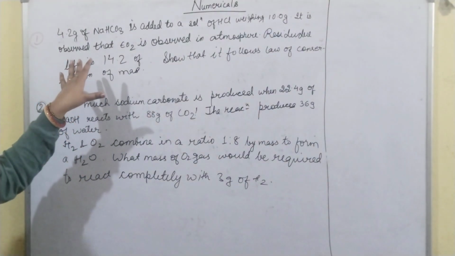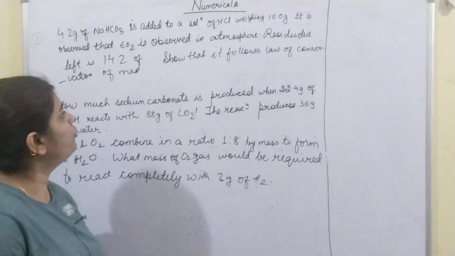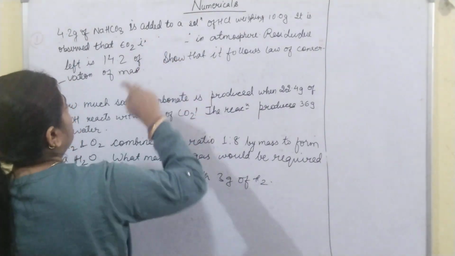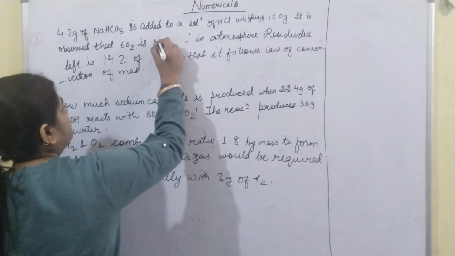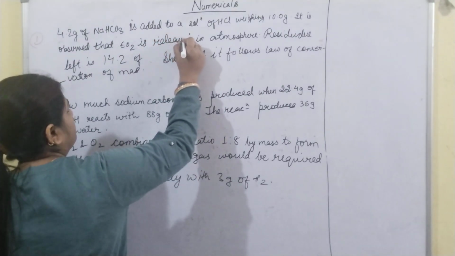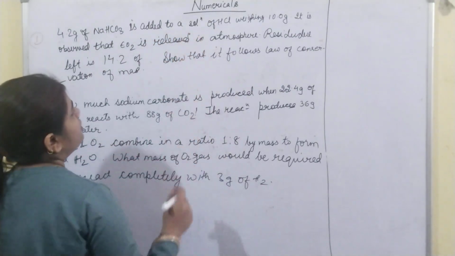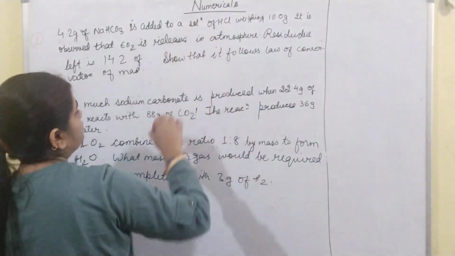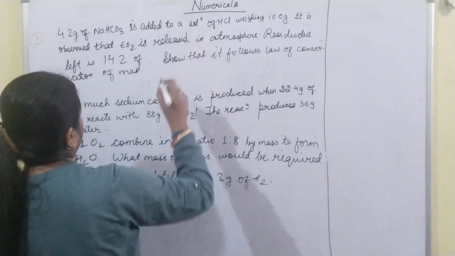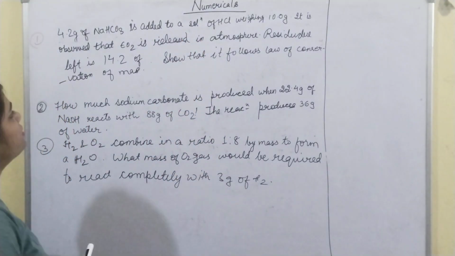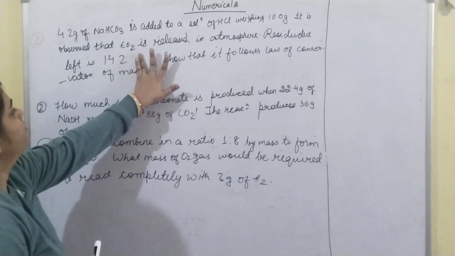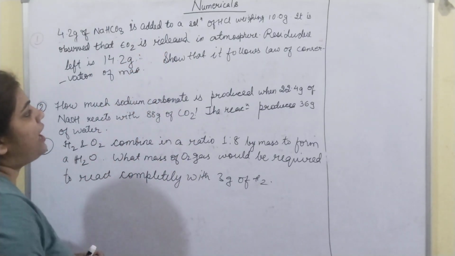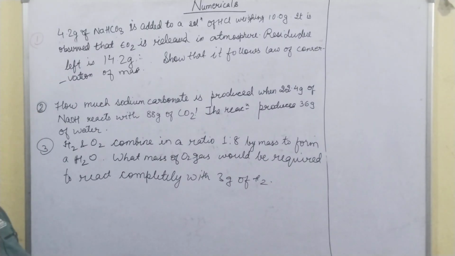It is observed that CO2 is released in the atmosphere. The residue left is 4.2 gram. Show that it follows the law of conservation of mass.